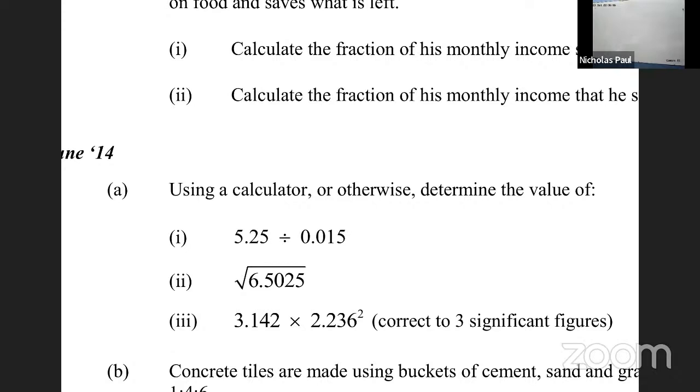So write the exact value first and then put the answer to three significant figures. Part C.